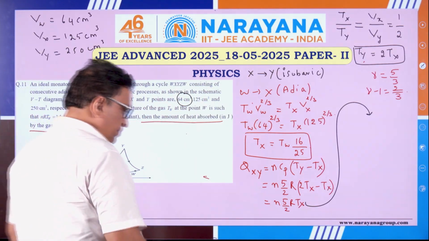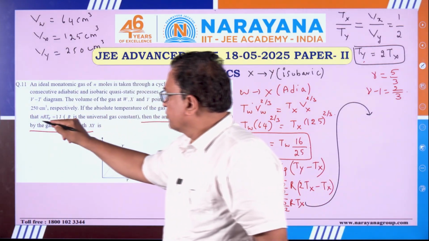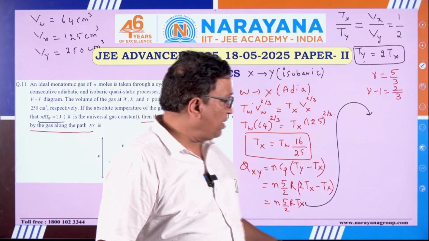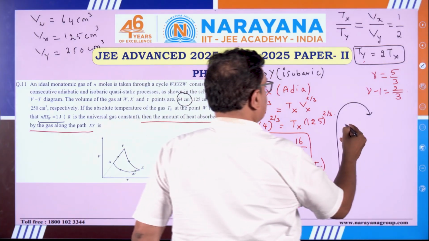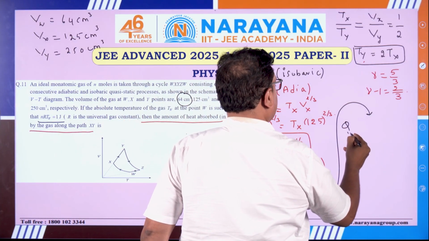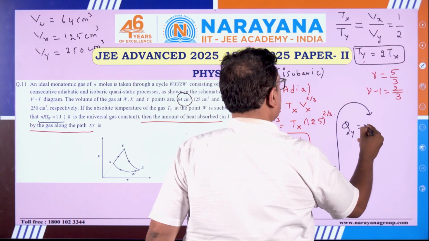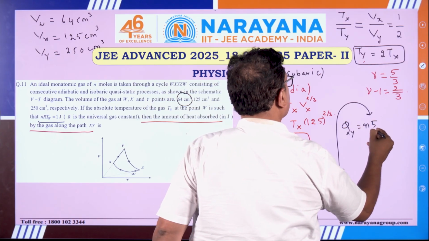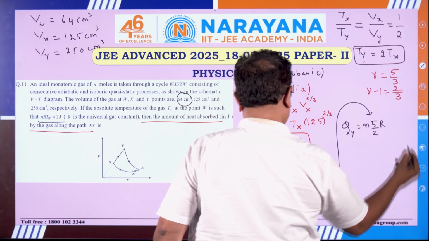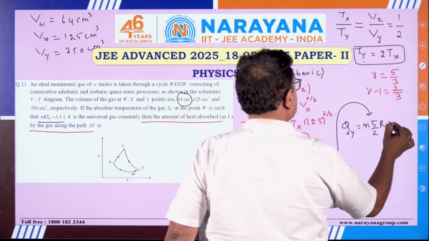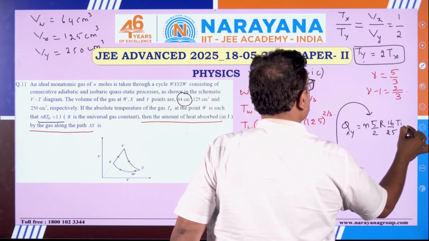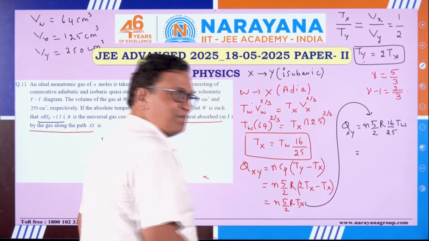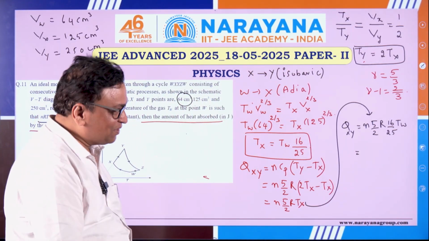Why? Because, see this question, you can use this value. So, where do I link Tx with Tw? Here you have. So, Qxy can be written as n into 5 by 2R into 16 by 25 times Tw. Boys and girls, done.